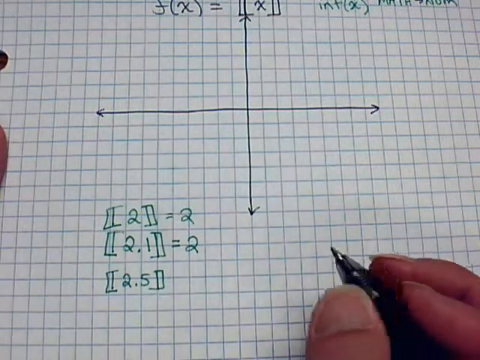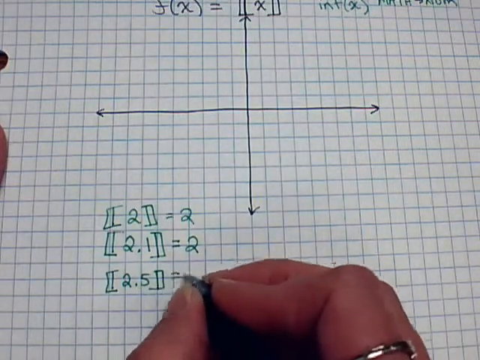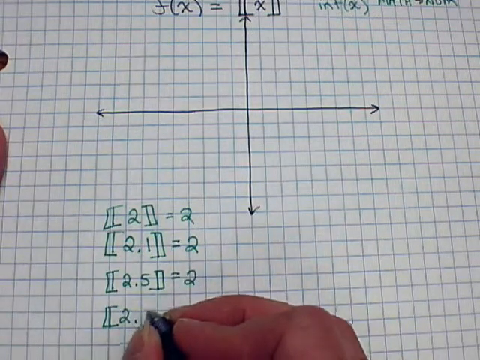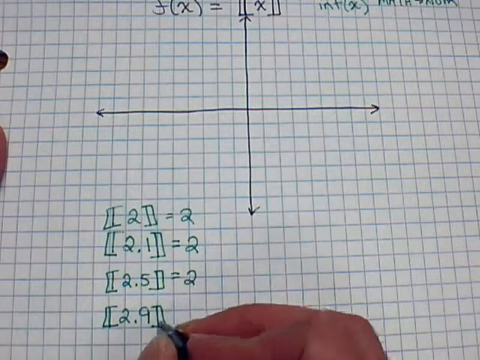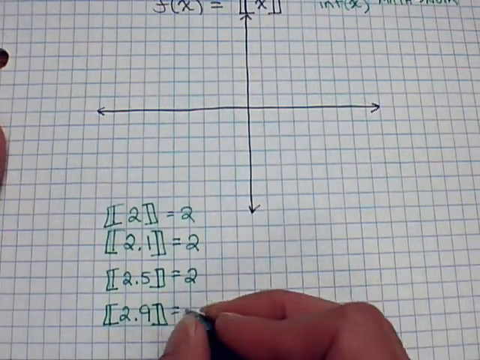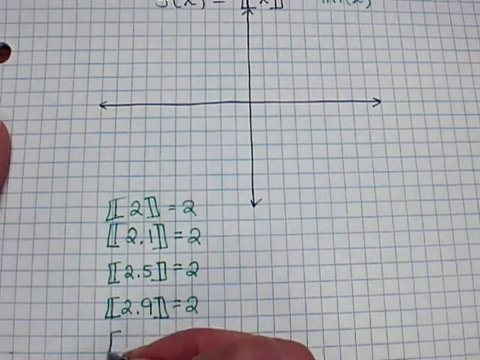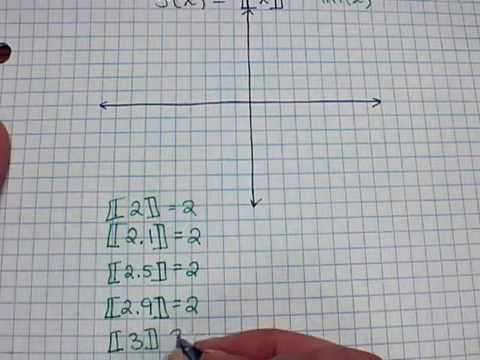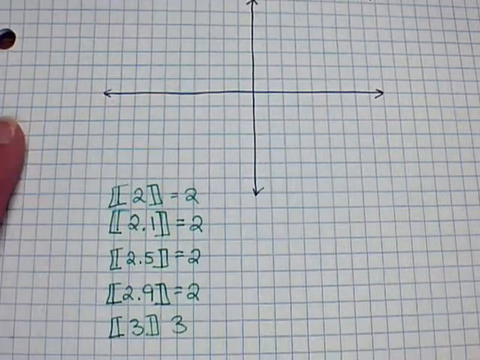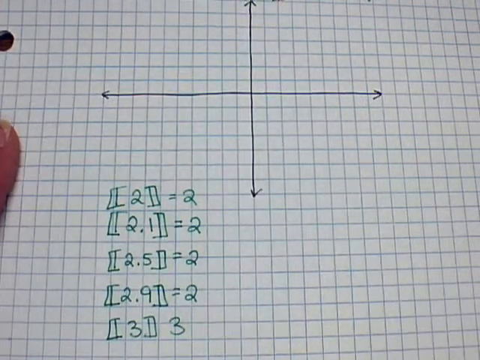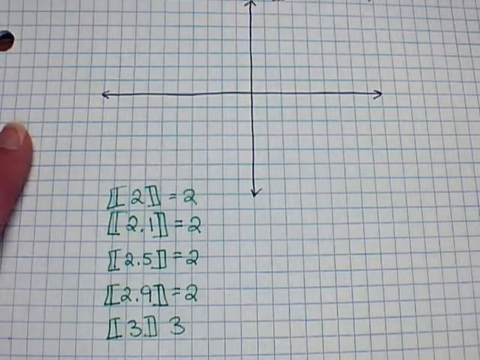Greatest integer less than or equal to 2.5 is 2. What if it goes to 2.9? Well, the greatest integer less than or equal to 2.9 is 2. But when I get to 3, it jumps up to 3. This is another example of a step function.